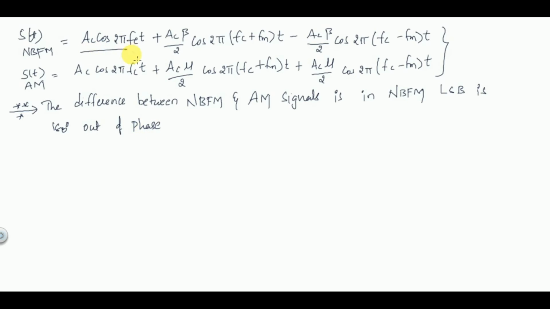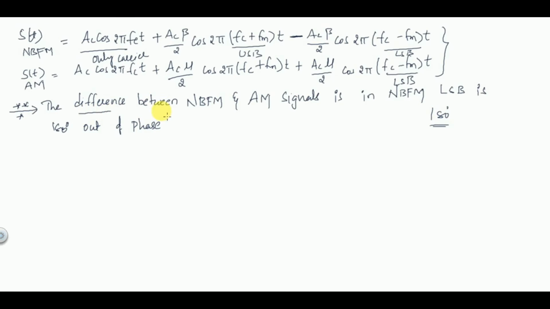So this is only carrier term. Okay, so this is only carrier term and this is upper side band and this is lower side band. Similarly this is lower side band in the case of AM signal. Okay, so here you have a negative sign here. So negative sign represents, negative amplitude represents 180 degrees phase shift. So this we already know.